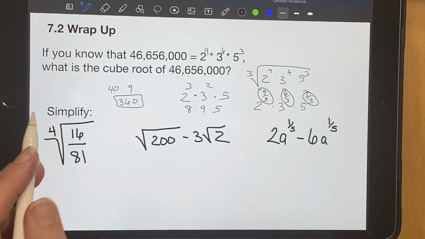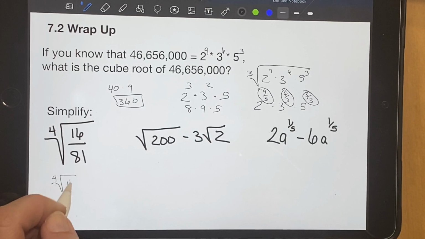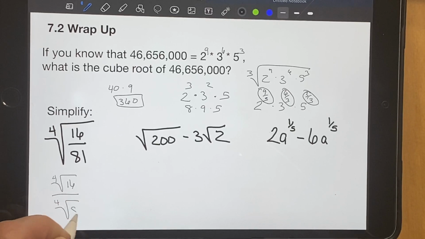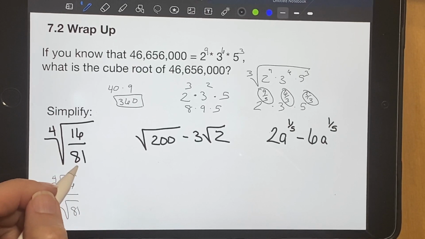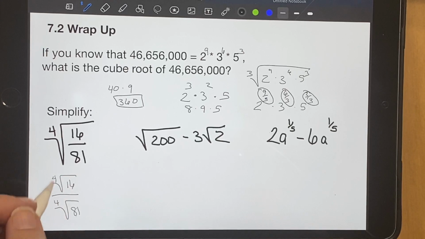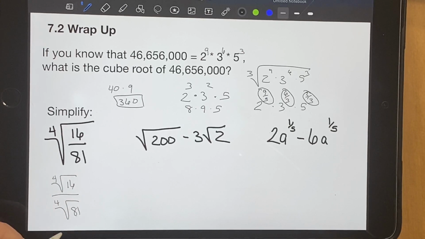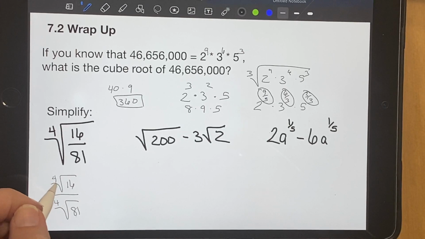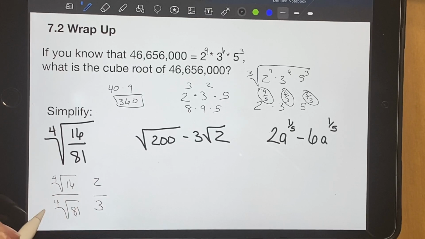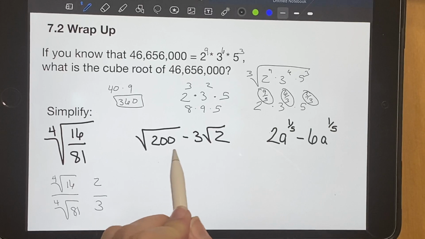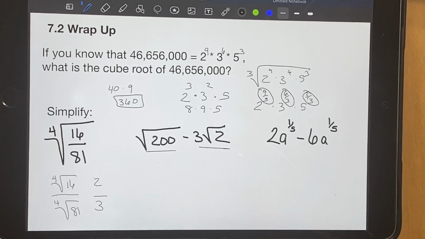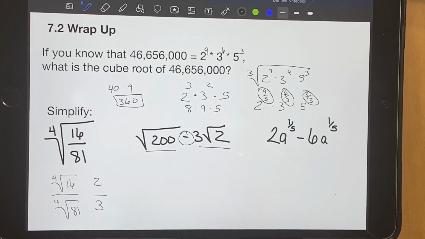For this one, we could separate out into the different parts. Since 16 and 81 can't be simplified as a fraction, we can simplify them as individual radicals, because the 4th root of 16 is 2, and the 4th root of 81 is 3. In this case, these are not like, so we cannot subtract.